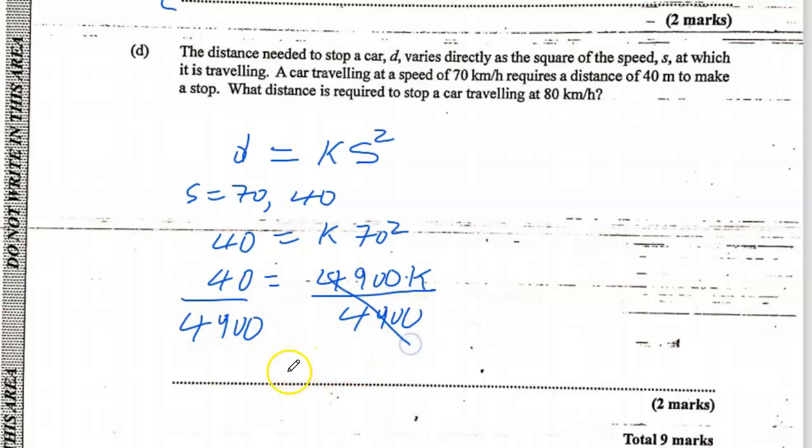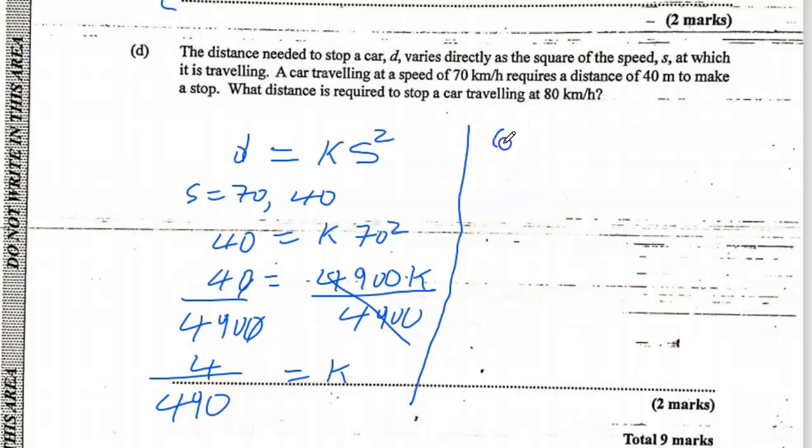So the value of k is 4 upon 490. I'm sure it can be simplified further, but let me keep that 4 upon 490 for now, which means that d is actually 4 upon 490 times s squared.